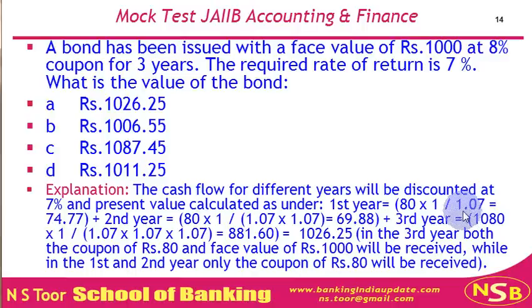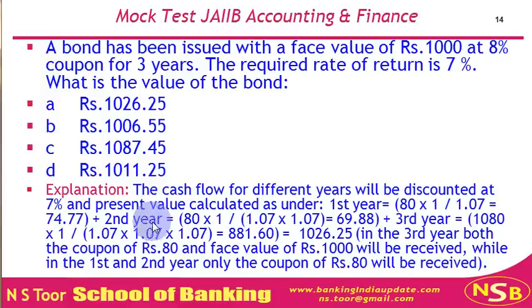So here 0.07 represents rate of interest. So 1 plus rate of interest, the total becomes 1.07. And here discounting is for 1 year only. That is why 80 divided by 1.07 will give us this value.